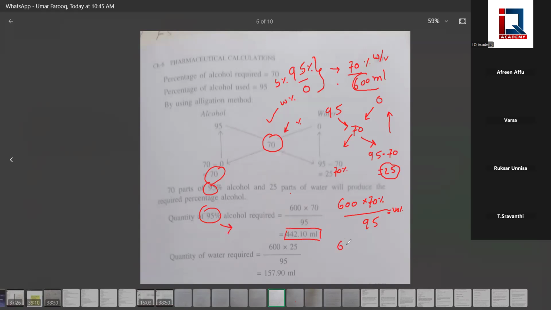Then 600 ml into 25 by total parts, 95 parts, will give me the 157.90 ml of water. So if we mix these two, I will get 600 ml of 70% alcohol.